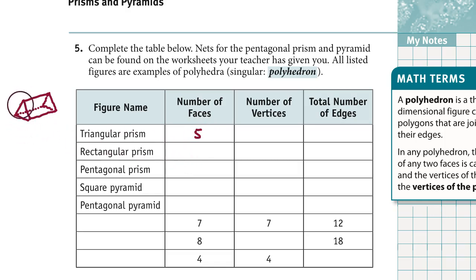Well, looking at the triangle here on the left, there are 1, 2, 3 around it, and then the back triangle would have 1, 2, 3. There are 6 vertices. Next, how many edges does it have? 3 around this triangle, 3 around the back triangle, and 3 of these long edges that go alongside the rectangles. There are 9 edges.